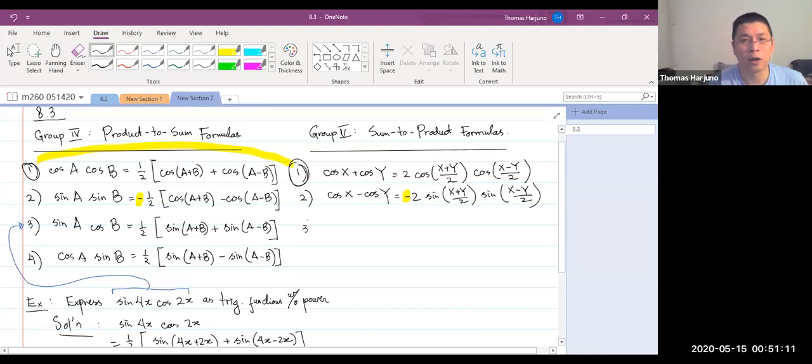The third one, sine x plus sine y equals 2 sine half of the sum cosine half of the difference.